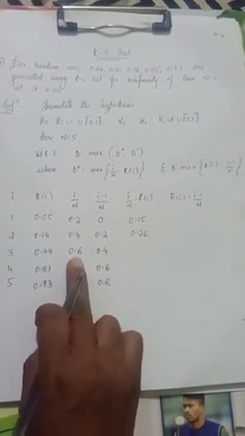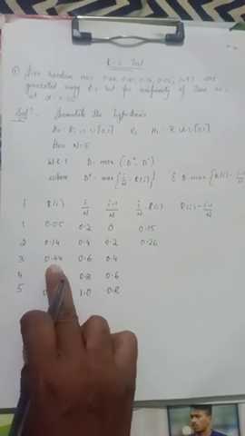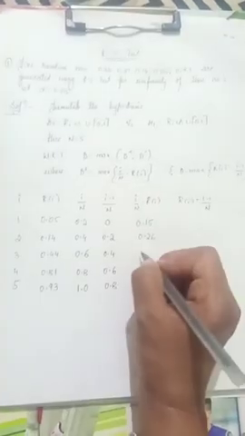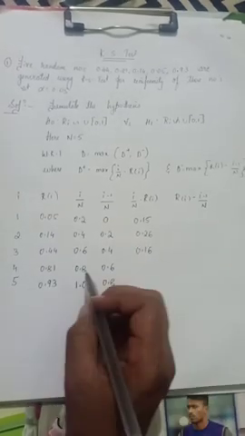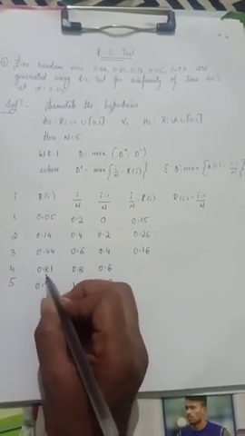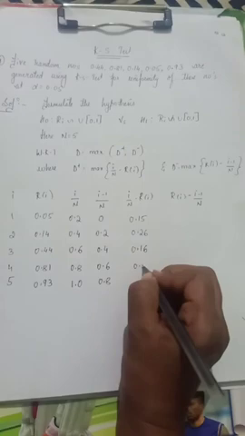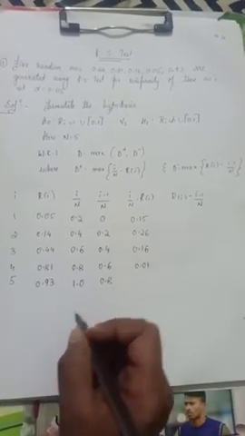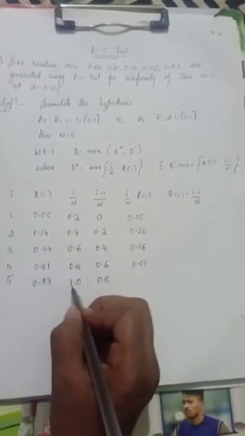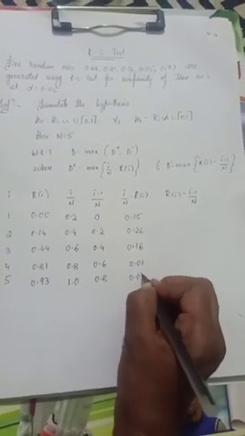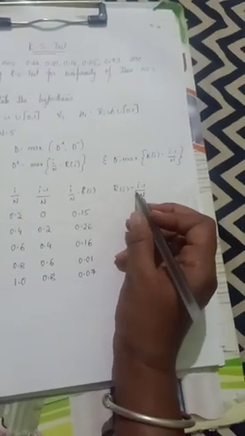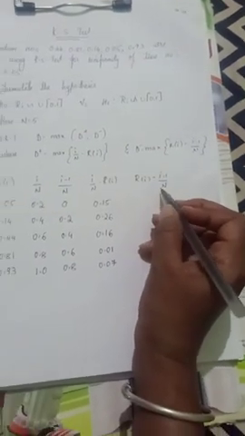The next, 0.6 minus 0.44, will be 0.16. The next, 0.8 minus 0.81, is 0.01. The next, 1.0 minus 0.93, is 0.07.